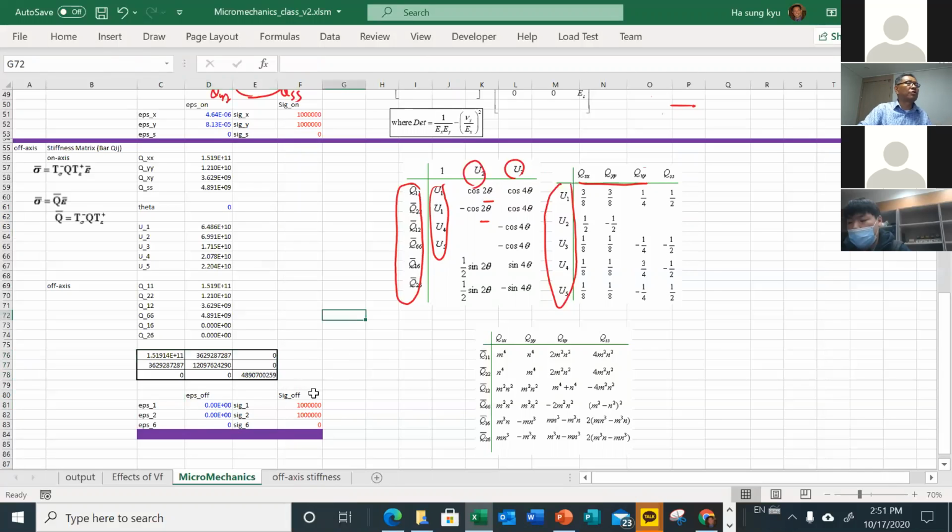I want to double check the Q matrix. Okay, Q matrix. Now I would like to define Q bar. To calculate this term, we need to have this one, the on-axis, and this one we need to have the Q bar, right?